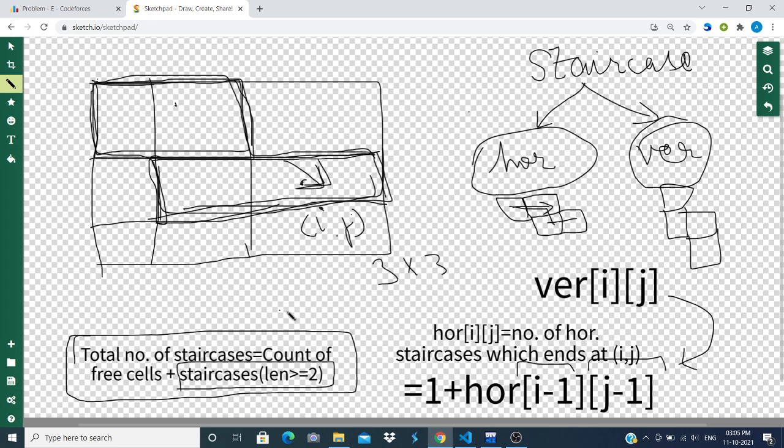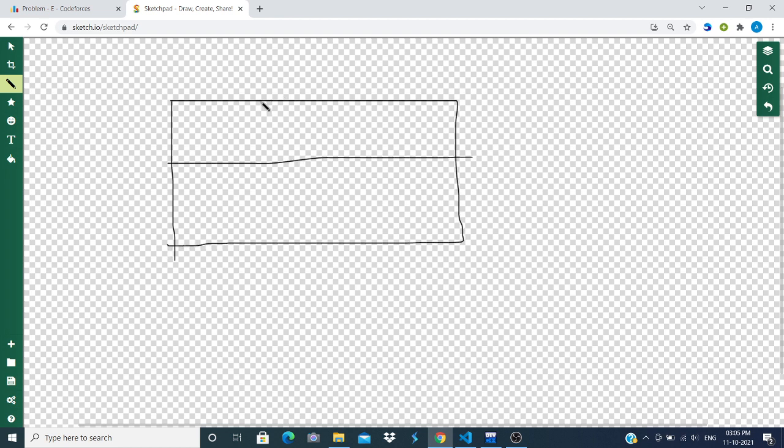But actually this is not a true recursive formula, right? Because if I want to know how many staircases end at this cell, it might be possible to have another configuration. Let me just show you another configuration, right?